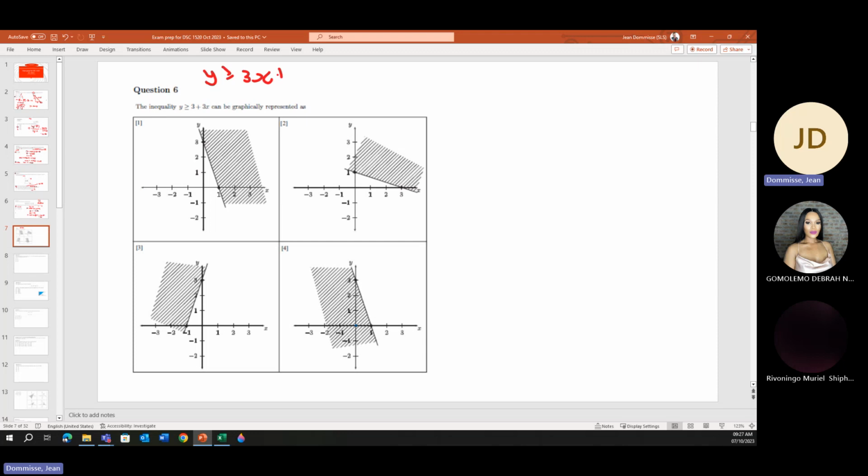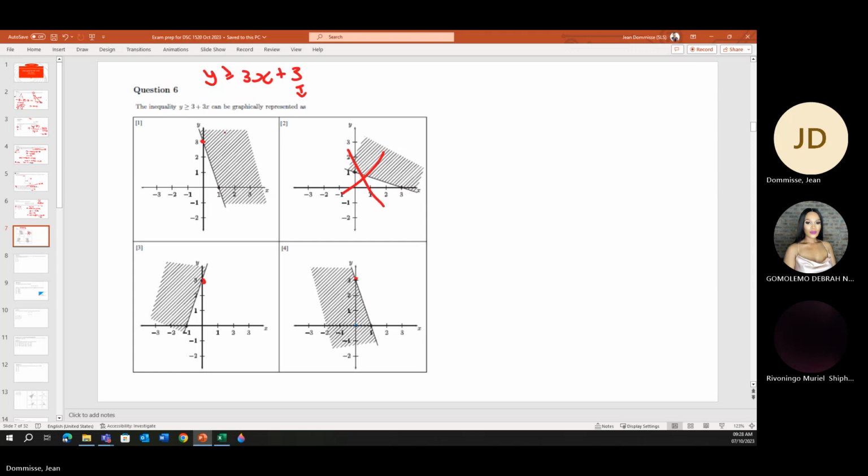So I'll just rewrite that. So 3x plus 3, we already know this is your y-intercept. So let's look at the y-intercept. Okay, so this one I can already eliminate because we work with a y-intercept of 3.